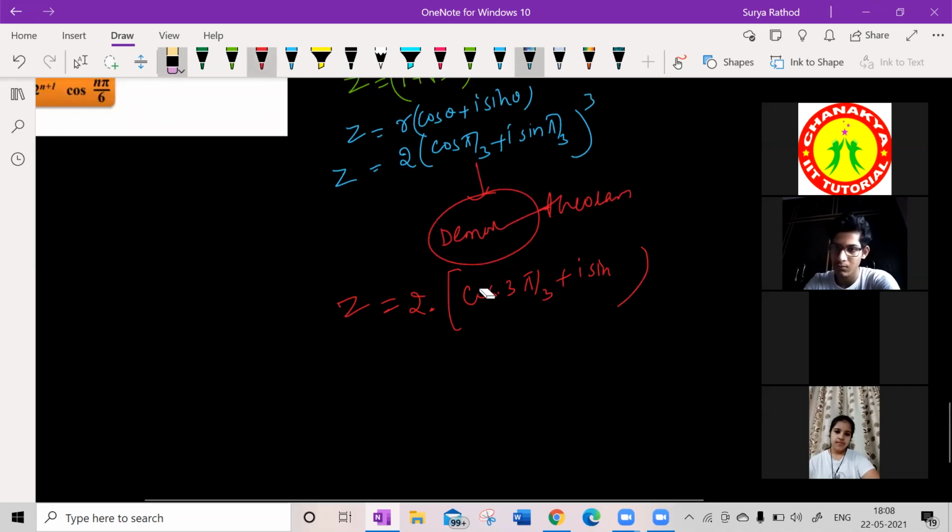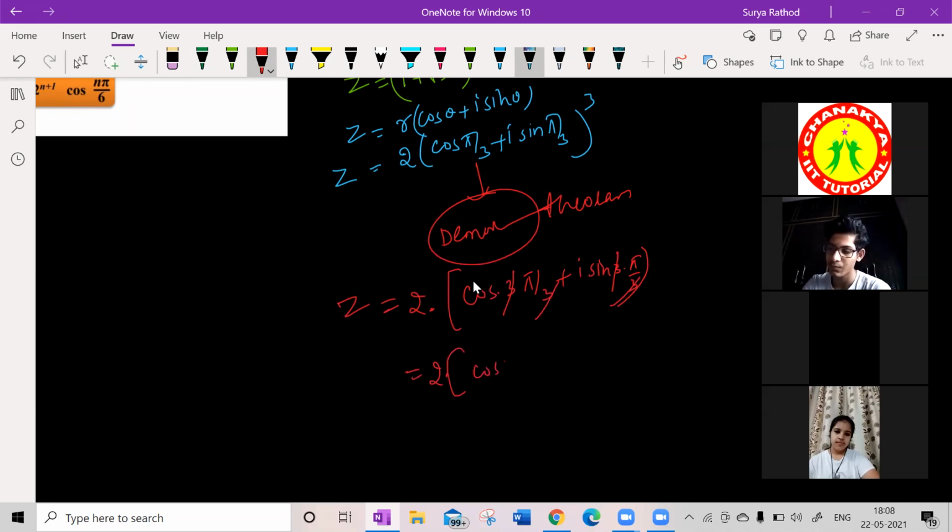The 3 will get cancelled, so 2 times (cos pi plus i sin pi). Cos pi is -1 and sin pi is 0. The answer is going to be -2.